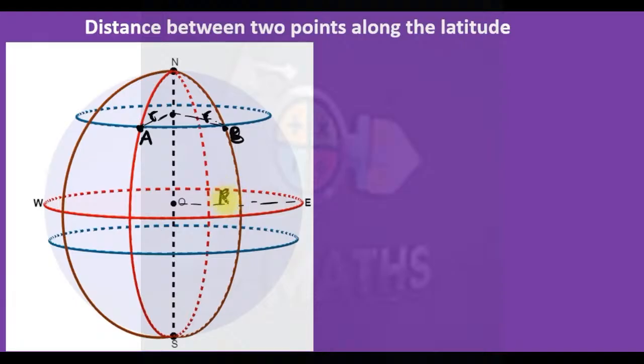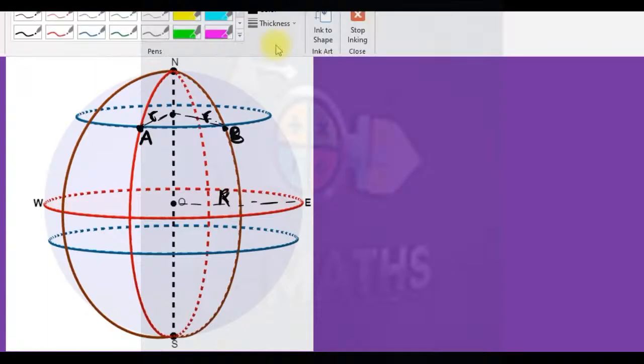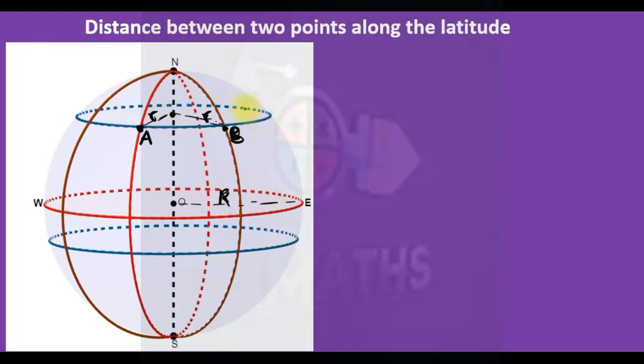You notice that the radius we use for distance along the latitude is different, because they are not the same. It's only at the equator that the radius is the same as the radius of the longitude.